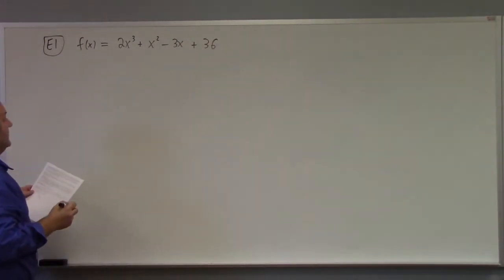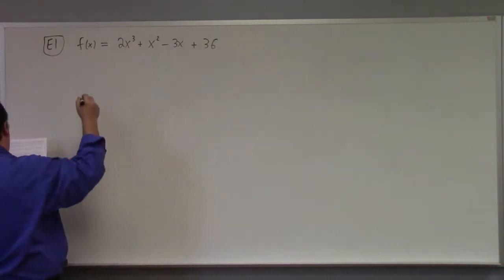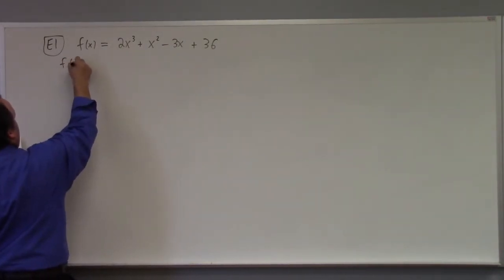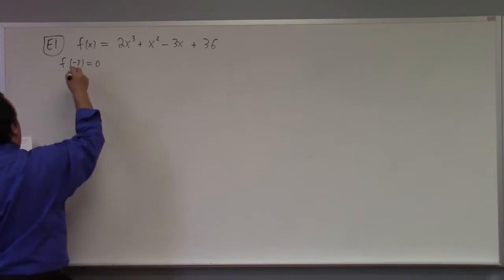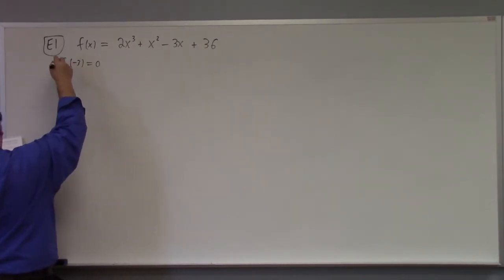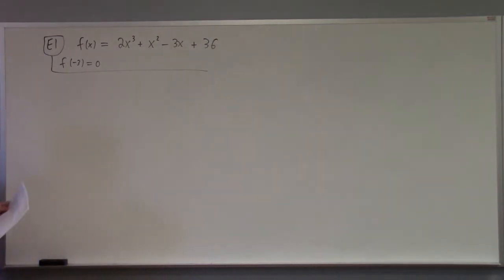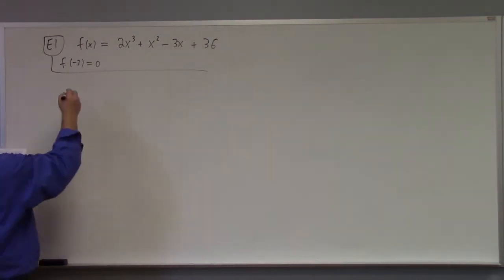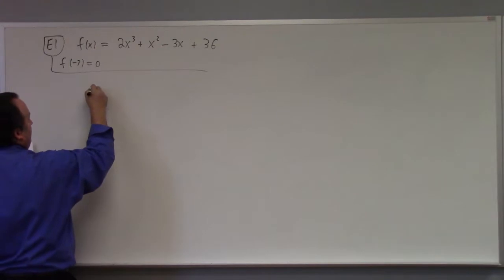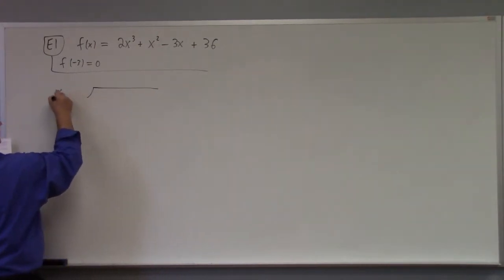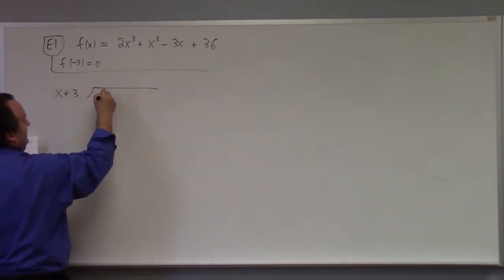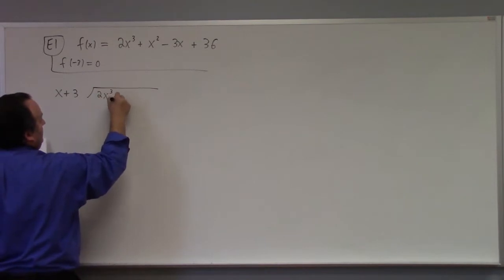And we get a hint that f of minus 3 is equal to 0. So then the question is to factor it. Since f of minus 3 is equal to 0, the factor theorem tells us that we can find an x plus 3 factor in it. So we're going to divide x plus 3 into this polynomial.